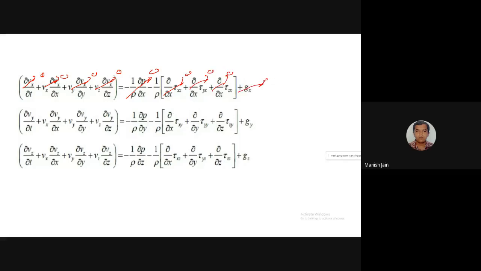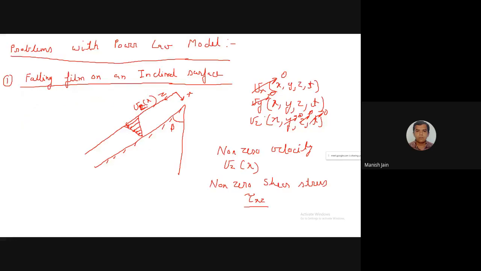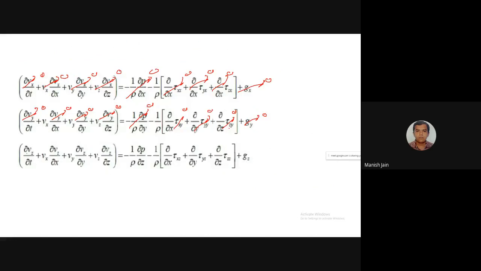In the second equation, Vy is not present. Here again dp by dy is zero. Again tau xy is zero, tau yy is zero, tau zy is zero, and gy is zero. So you have only two terms which are not zero: Vz, which depends upon x, and tau xz is the only non-zero term. So in this equation you have to look for these two terms only.